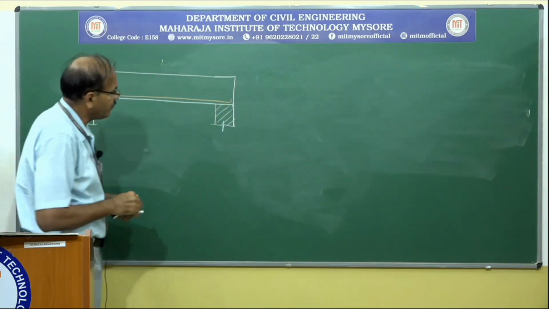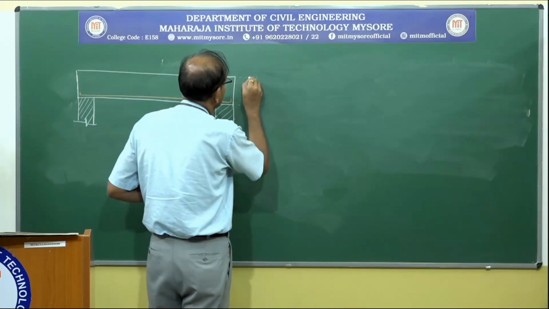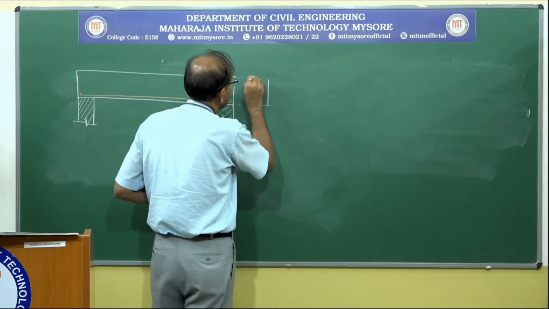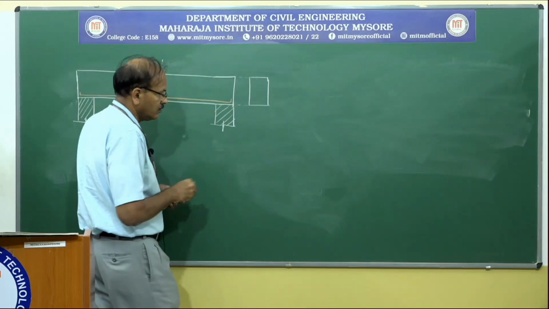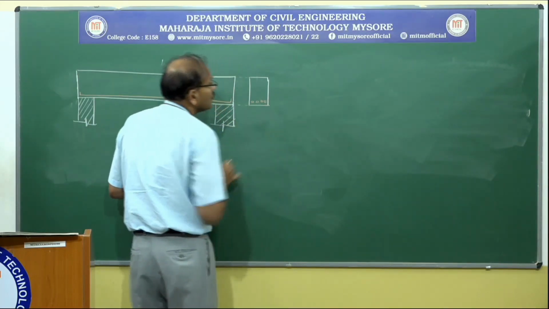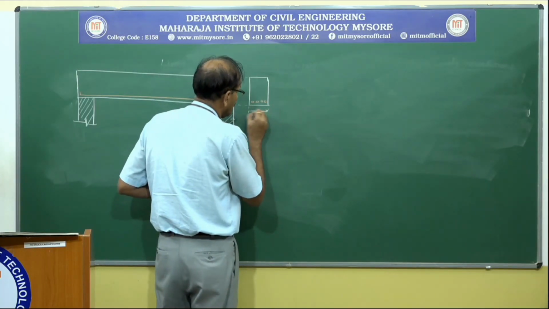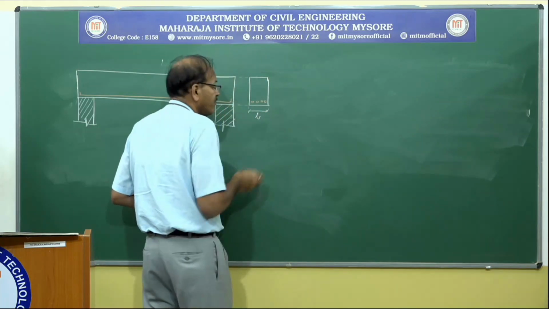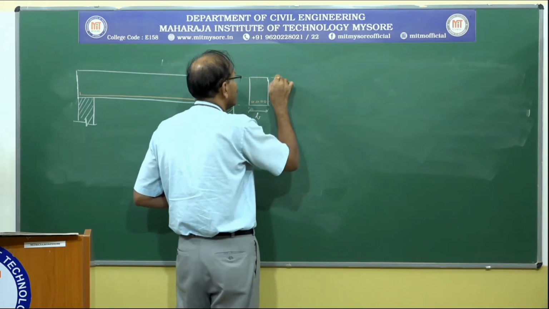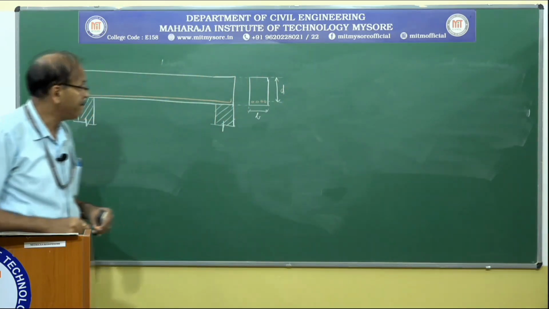So this is the tension reinforcement. This is the cross section details. B is the width of the beam, and from the compression edge to the centroid of the tension reinforcement, it is going to be small d.